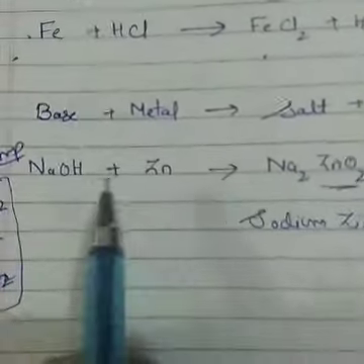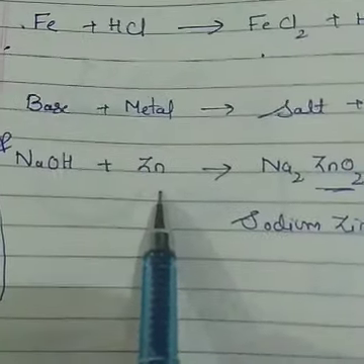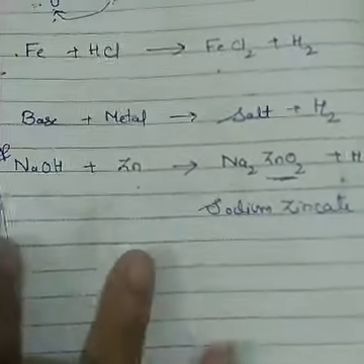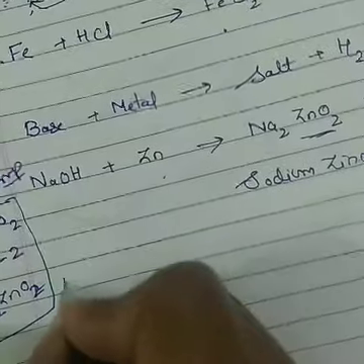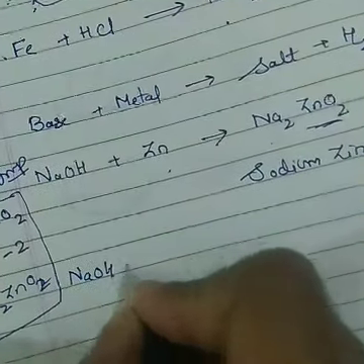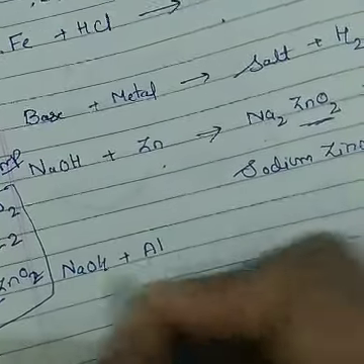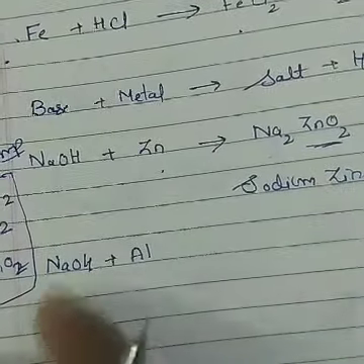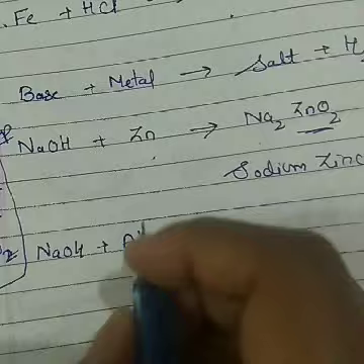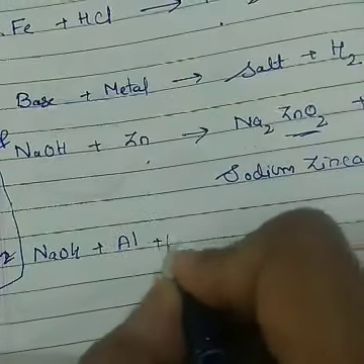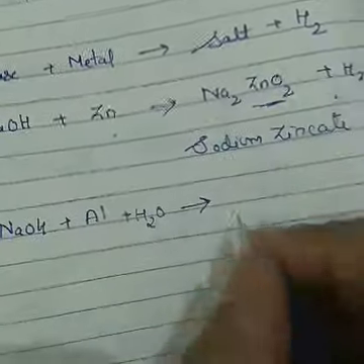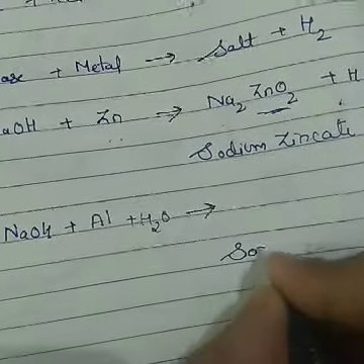When sodium hydroxide is made to react with zinc, it forms sodium zincate and hydrogen. Similarly, when NaOH is made to react with aluminium, this should be in the form of an aqueous solution, so we want water also. It forms sodium aluminate.